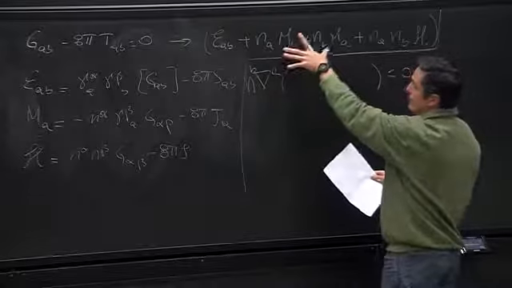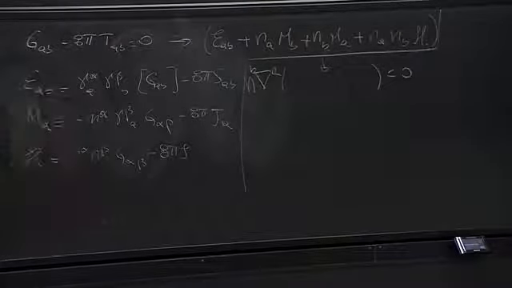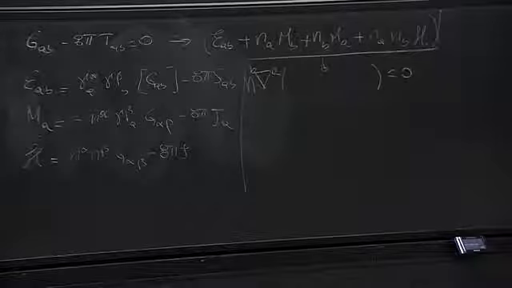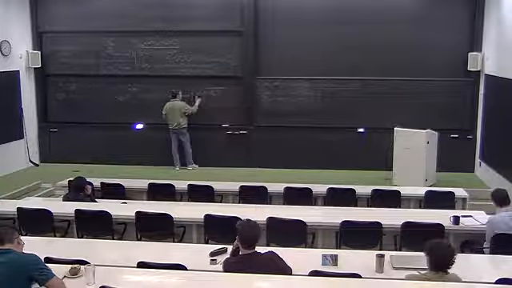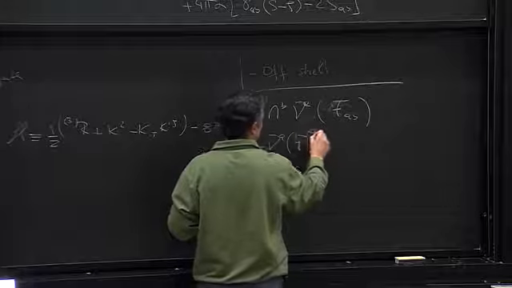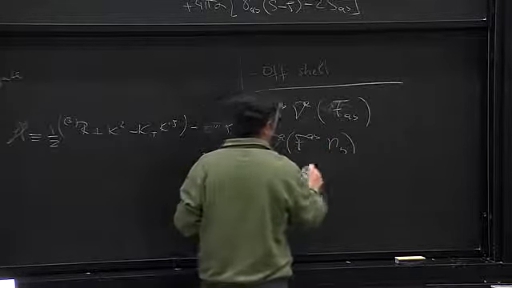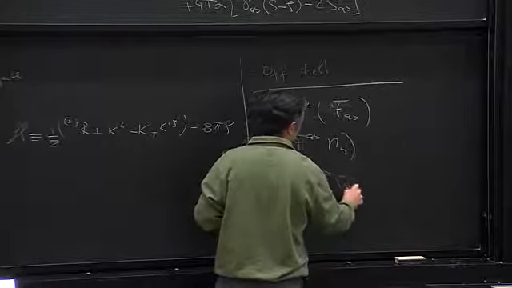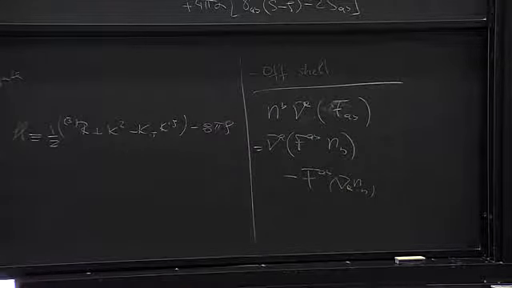So let me just write that: n^B grad_A of anything, F^AB, will be the same as grad_A of F^AB n_B minus F^AB grad_A n_B. We're going to use this explicitly.